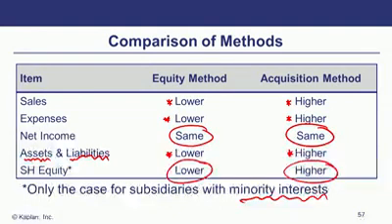It's because of the minority interest included in stockholders' equity. If we were to remove this minority interest, then the stockholders' equity under the two methods would be identical. So it's only higher due to the minority interest. Now, this is quite controversial, isn't it? Because the minority interest doesn't actually belong to our shareholders.